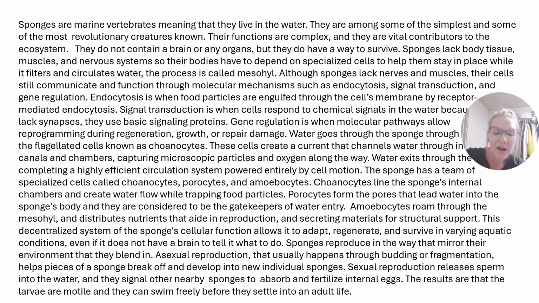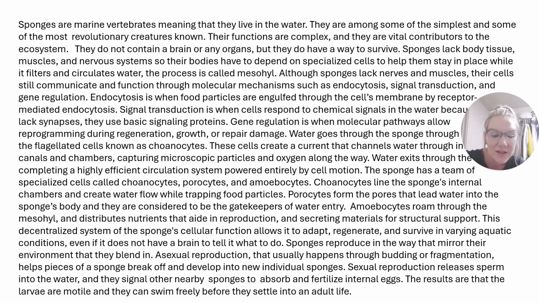Sponges reproduce in a way that mirrors their environments so that they blend in. That's where adaptability comes in. Asexual reproduction that usually happens through budding or fragmentation helps pieces of the sponge break off and develop into new individual sponges. Sexual reproduction releases sperm into the water, and they signal other nearby sponges to absorb and fertilize internal eggs.